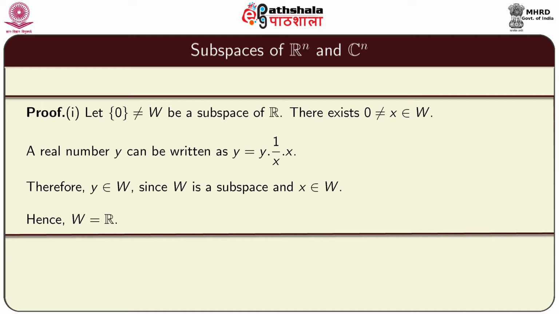Therefore, 1 by x exists as a real number, and we can write any real number y as y dot 1 by x dot x. This shows that y belongs to W because W is a subspace and x belongs to W. Therefore, every scalar multiple of x would belong to W. But y was chosen arbitrarily, and therefore, W has to be the whole of R.